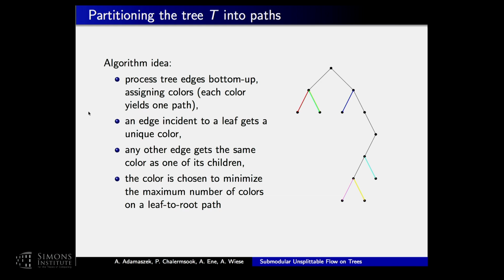So here at the left, it doesn't matter for now whether we choose red or green. And here also the color doesn't matter yet. And for example, when we color this edge now, you can see that it is best to color it with color purple, as then all the paths will use at most two colors. And if instead we colored with color blue, we would have a path with three colors. So we continue, and we get our k-nice splitting.